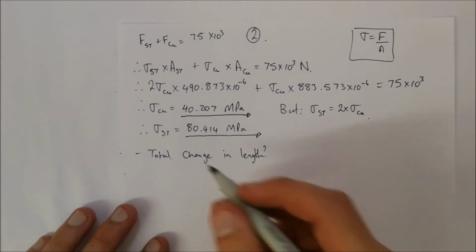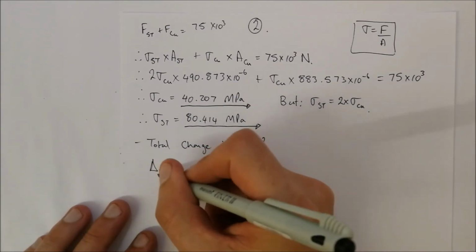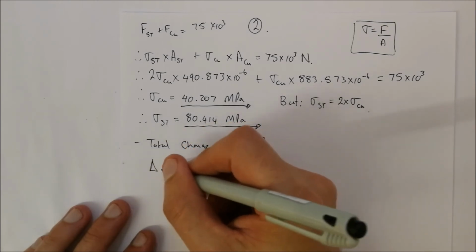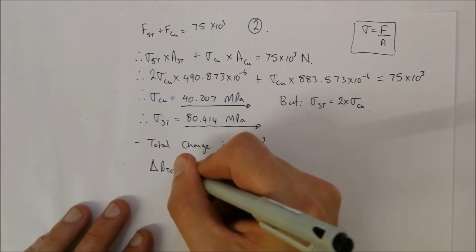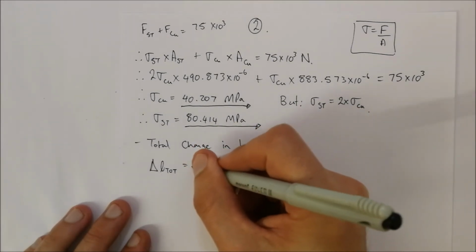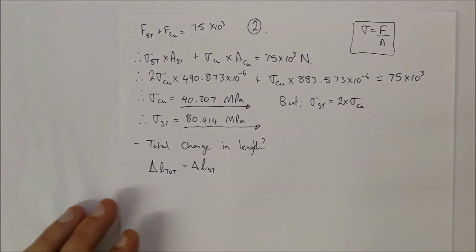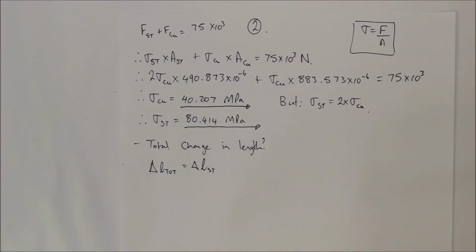Remember that we said the total change in length is equal to the change in length of the steel, because the change in length of the copper is going to be equal to the change in length of the steel. So we've got that equation that we are able to use, that all the change in lengths are going to be equal.